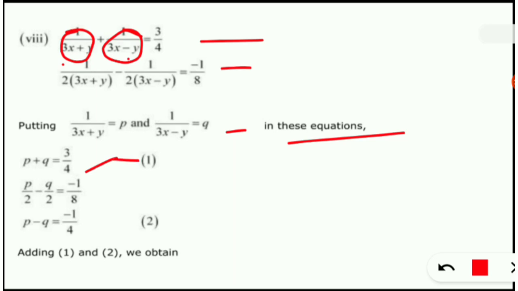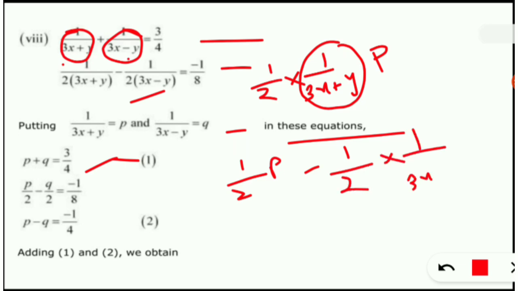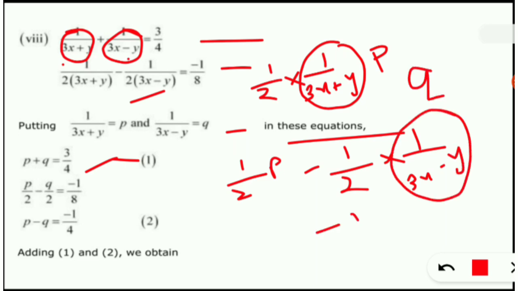The second can be written as 1 by 2 into p, which is p by 2, minus 1 by 2 into q, that is q by 2, equal to 1 by 8.